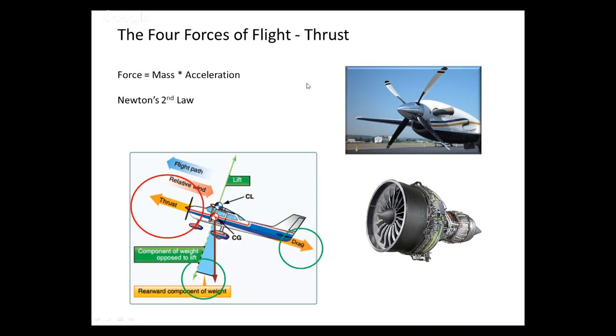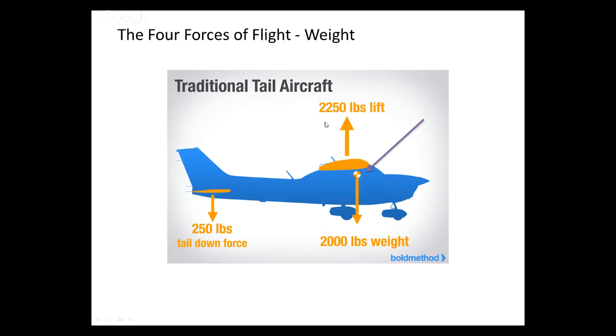And weight, we spent a lot of time talking about last week. It is one of the four forces. It always acts directly towards Earth. So if your plane is, all the diagrams we look at make it look like it acts down through the bottom of the airplane. But if your airplane's flying upside down, then it's going to act up through the ceiling, through the roof of the plane.